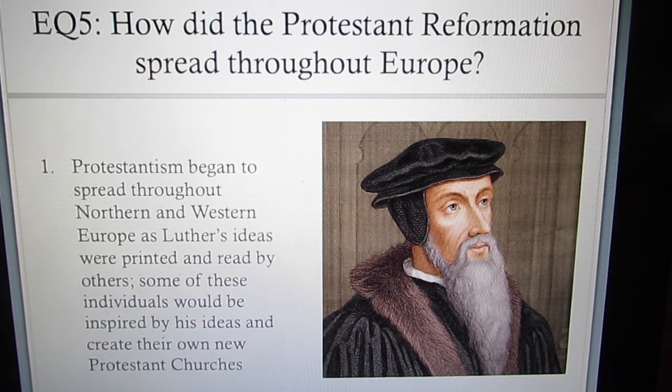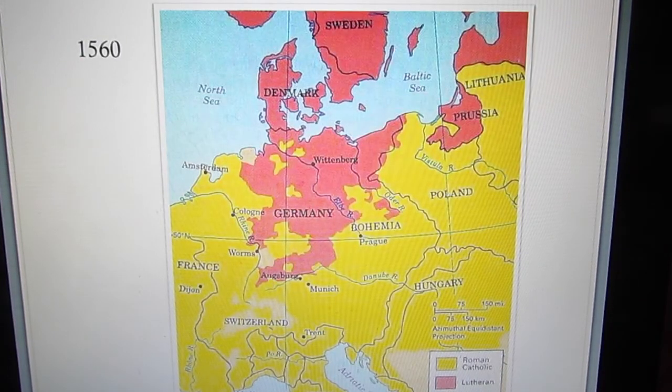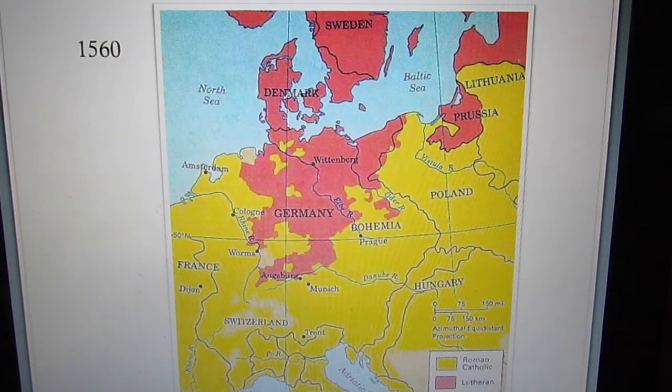own new Protestant church. So here is a map. There's a picture of Martin Luther. Here's a map to give you an idea of his religious sect. So Martin Luther is responsible for creating Lutheranism, which is pretty much just the religion that Martin Luther practices.